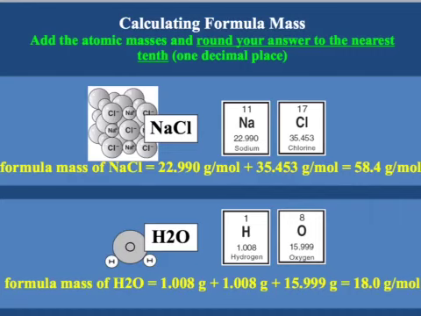It's up to you. So it would be 1.008 plus 1.008 plus 15.999, which is equal to 18 grams per mole. So again, if you have more than one of a particular element, you would add that element however many times you have it. So if you have it 3 times, you'll add the mass 3 times. If you have it 12 times, you will add the mass 12 times.